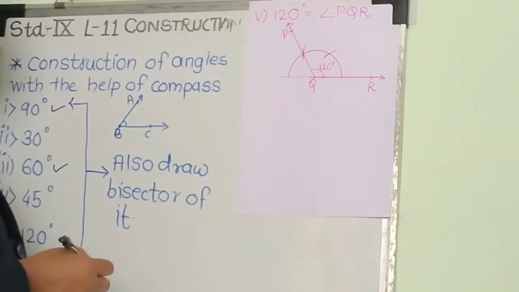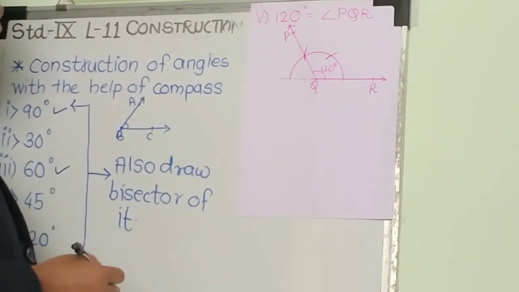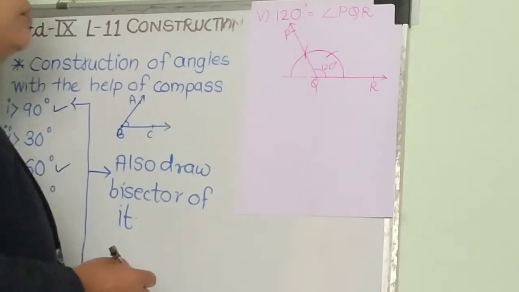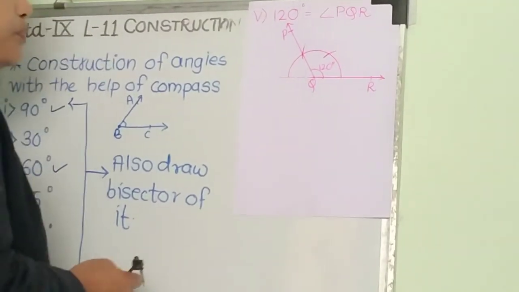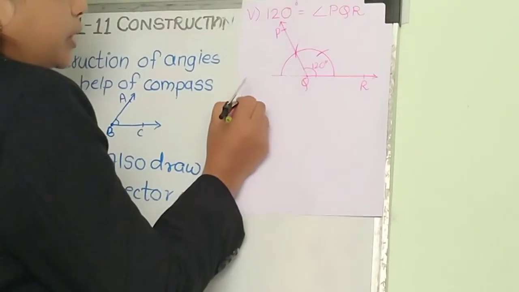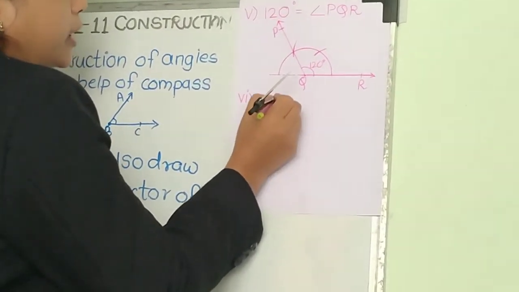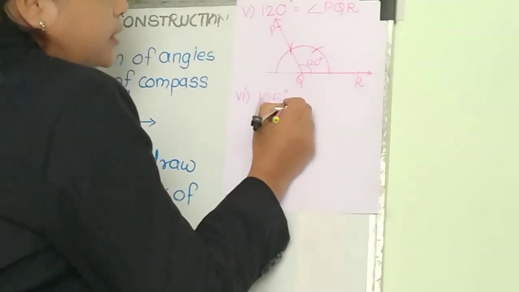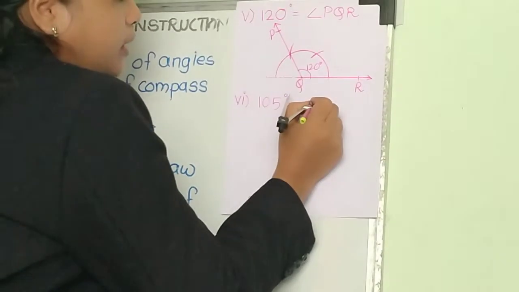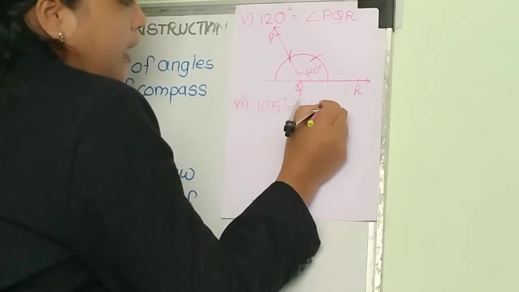So at home you try to draw the bisector of 120 degrees. And lastly we are going to see how to draw the angle 105 degrees. Suppose I take the name LMN.